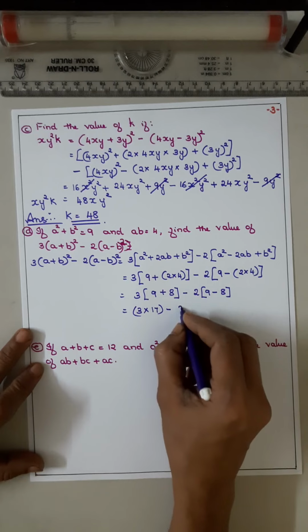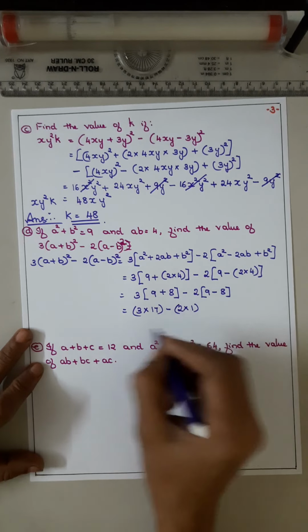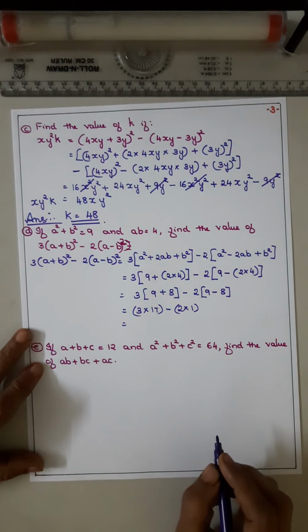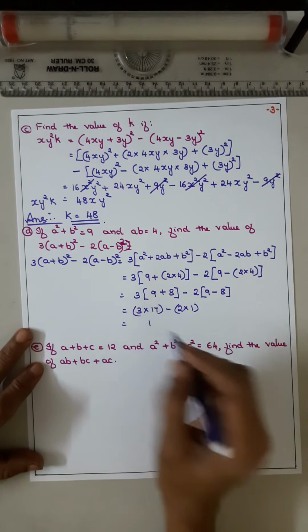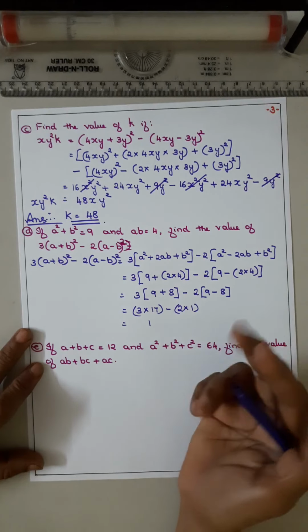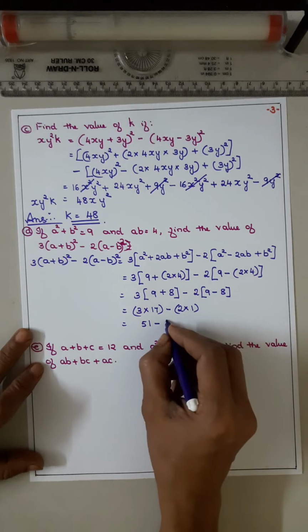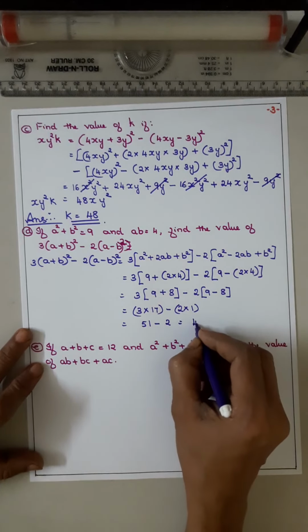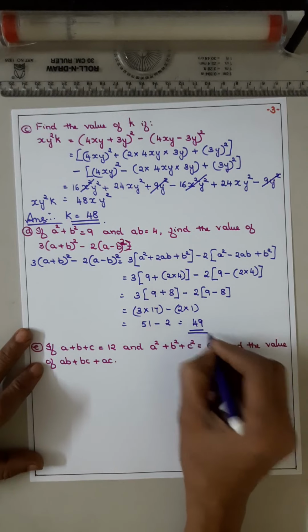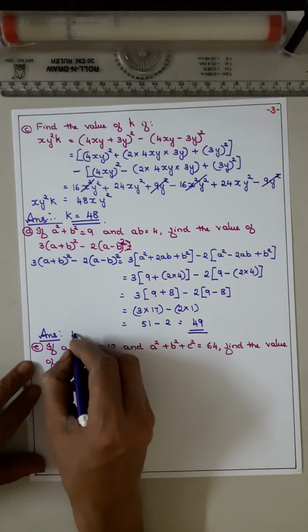Minus 2 into 9 minus 8 is 1. Now 17 3s are 51, 2 1s are 2. Now 51 minus 2 is 49. So answer is 49.